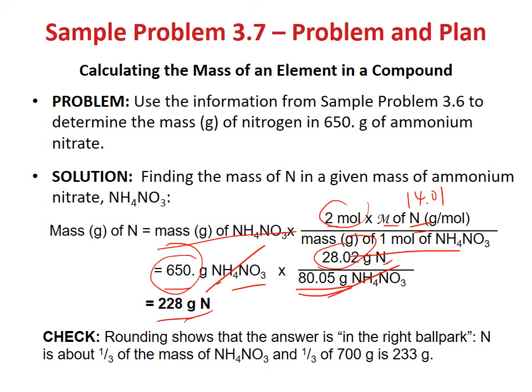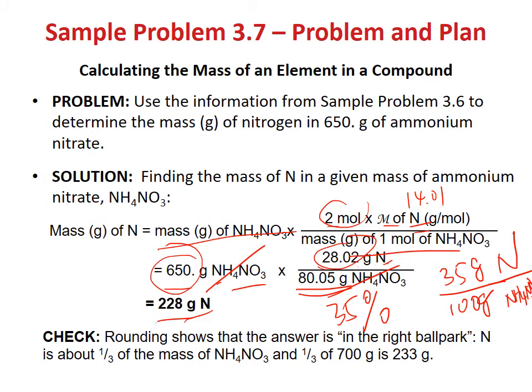Now in the last question, sample problem 3.6, we already calculated the mass percent of nitrogen is 35%. Okay, we can use this also as a conversion factor, and 35% in mass means 100 grams of the compound ammonium nitrate contains 35 grams of nitrogen.